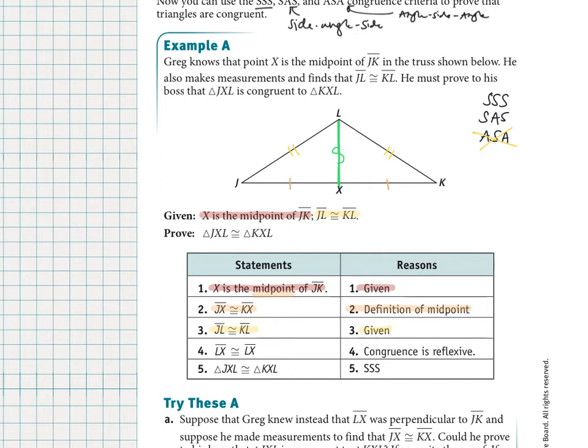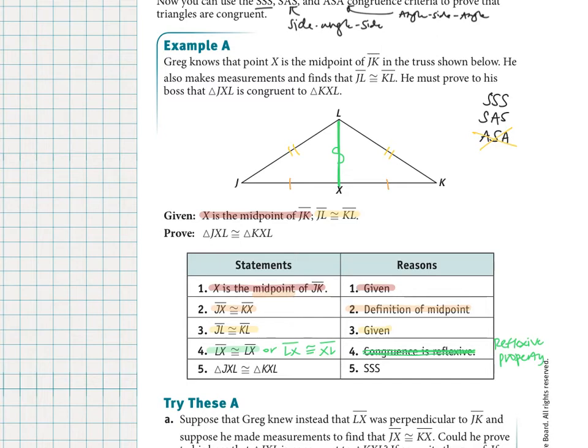Now, they say it's through congruence as reflective. What I like to say instead, and I encourage you to do, is to say the reflexive property. That means that LX is congruent to LX, or you could say LX is congruent to XL. Either way works. We know that's our reflexive property.